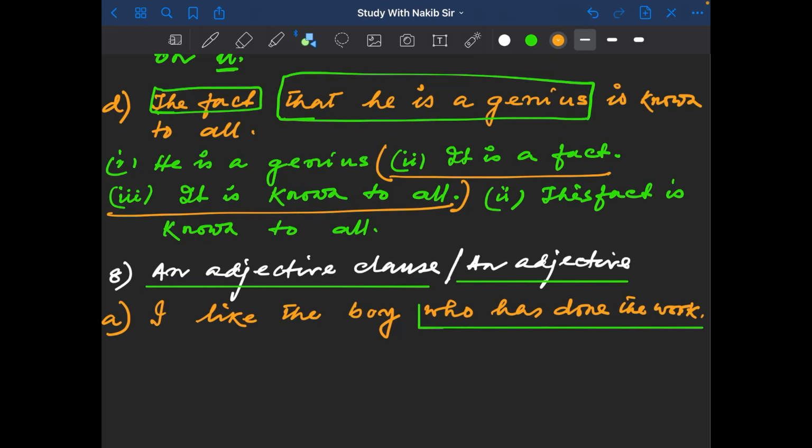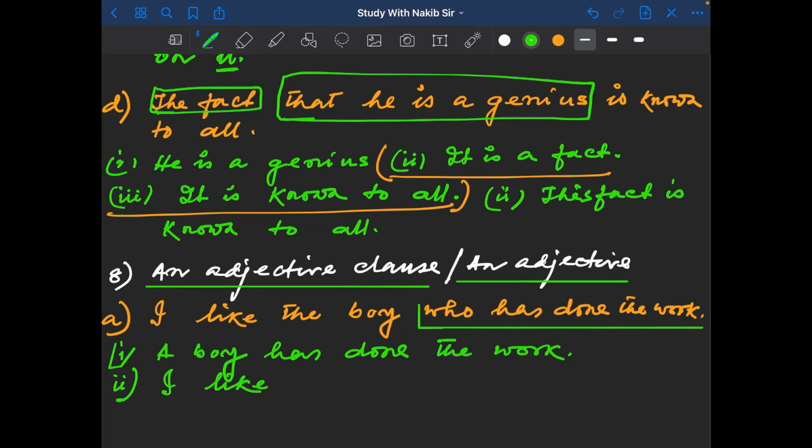Okay, see the answer. Number 1, a boy has done the work. And number 2, I like the boy. It is left.